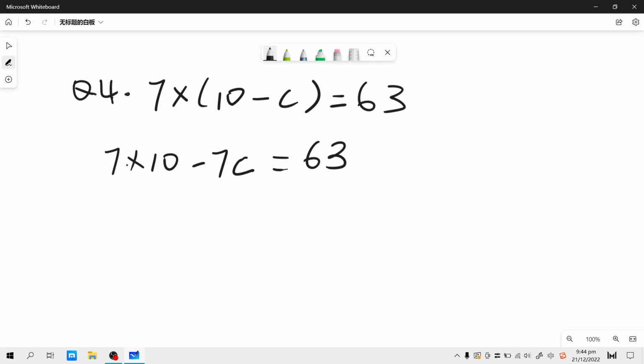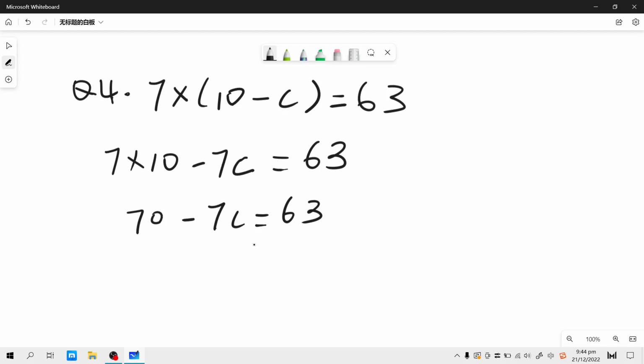If you have memorized your multiplication table well, you might know that 7 times 10 equals 70. So 70 minus 7c equals 63. I'll just leave these equations here.